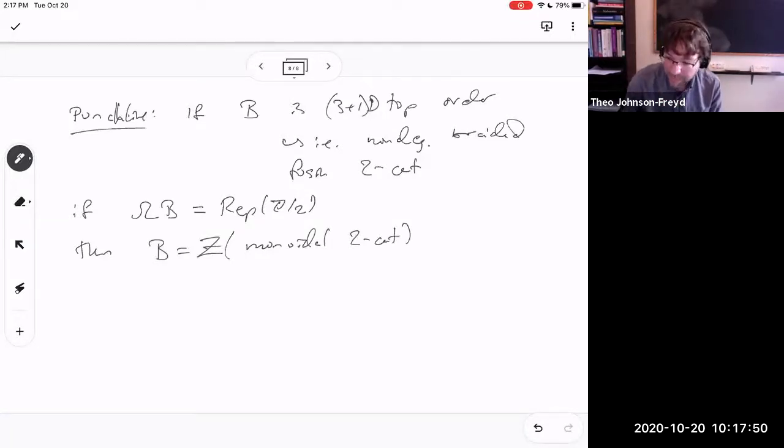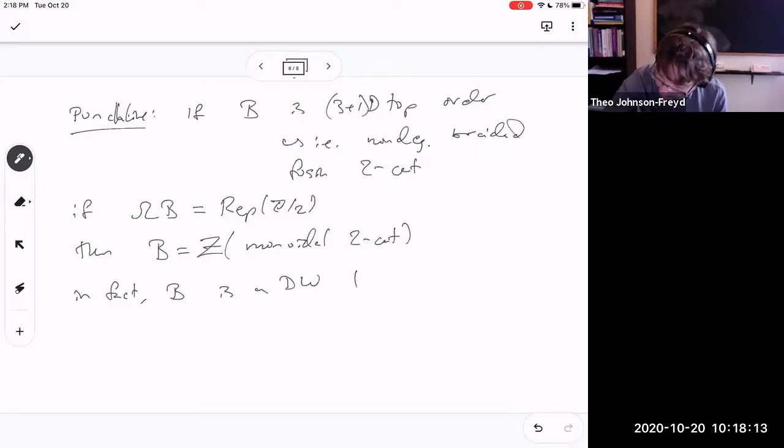And you can even work out what that monoidal 2-category is. The way you did the construction, the thing you used to condense it had a Z2 symmetry. And so this monoidal 2-category is something about Z2. And so actually B, our original theory, is a Dijkgraaf-Witten theory for Z2.